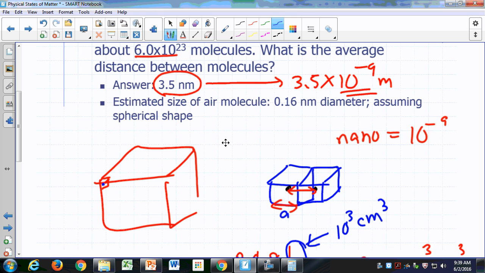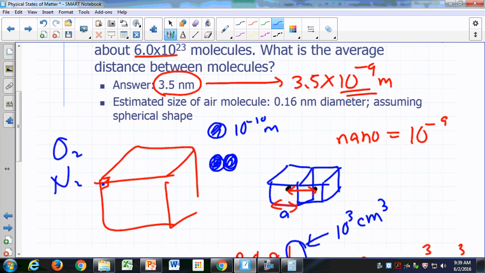of the air molecule. Remember we said the estimated size of an atom is about 10 to the negative 10 meters in diameter, a typical atom. So if you have a diatomic molecule, oxygen and nitrogen are the molecules you'll find in air.